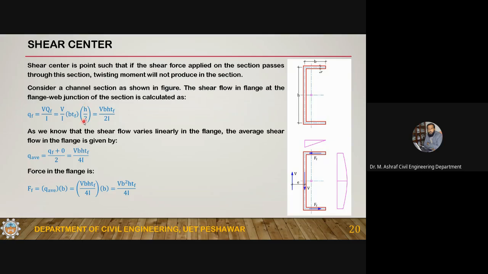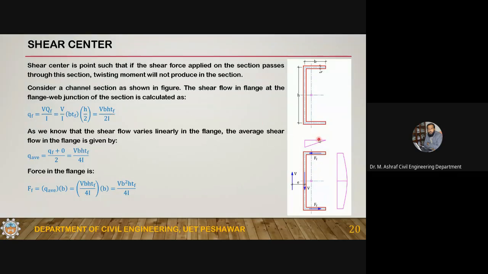So B TF times H by 2. If you simplify this, the shear flow in the flange at the junction of the web and flange is V B H TF divided by 2I.